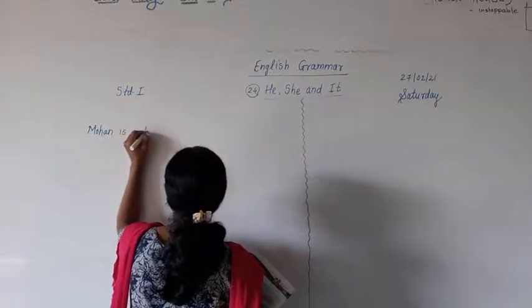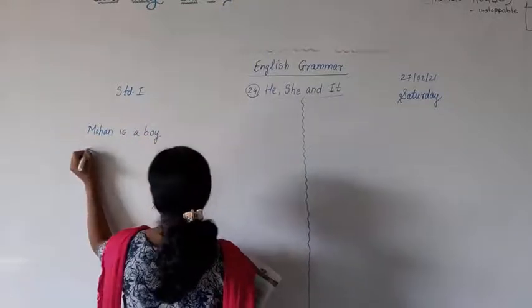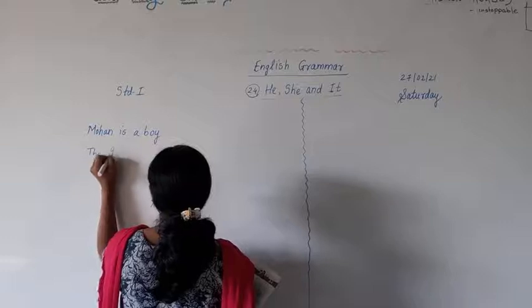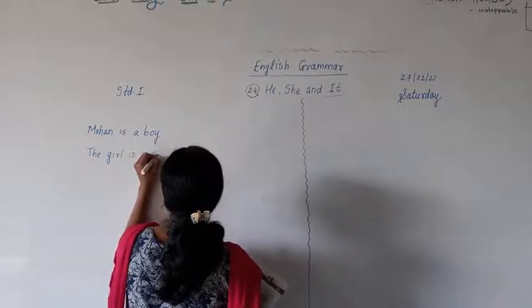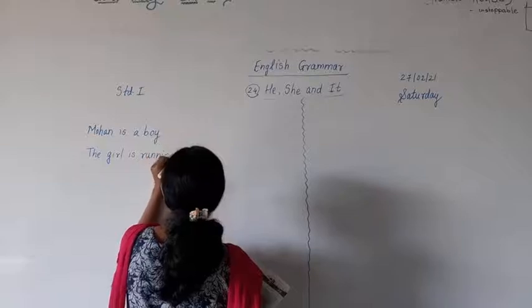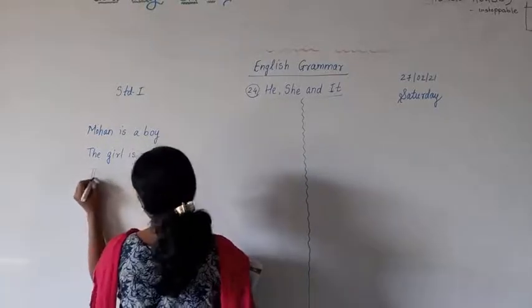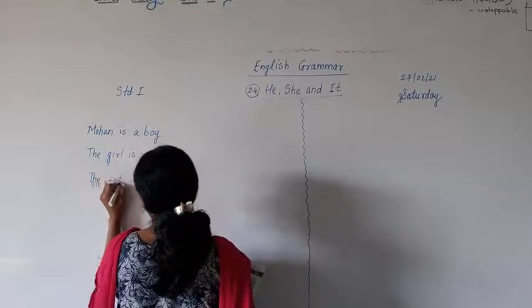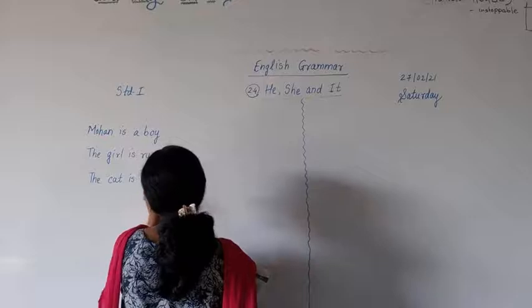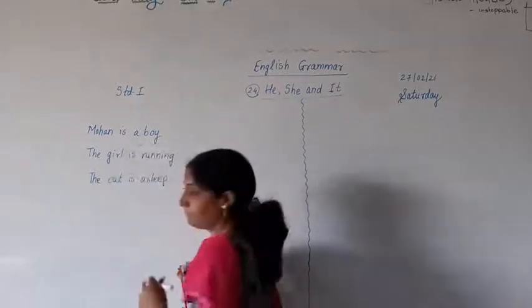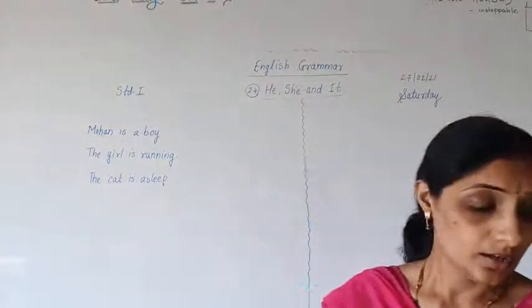is a boy. Second, the girl is running, and last one, the cat is asleep. Now in these 3 sentences, instead of Mohan, what can we say?